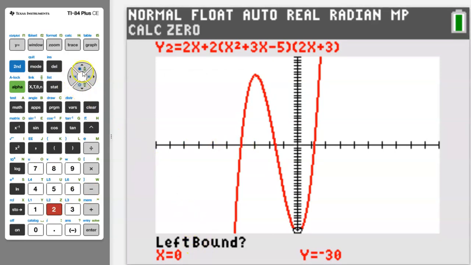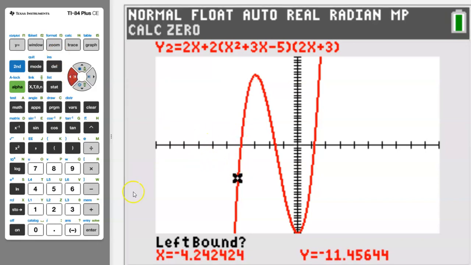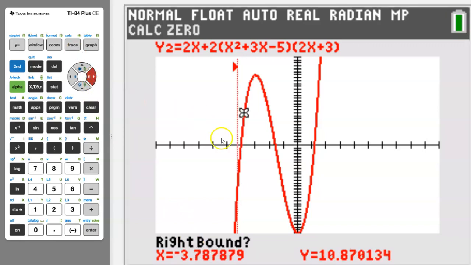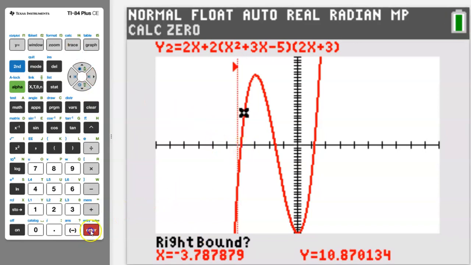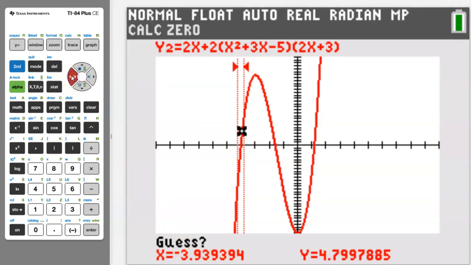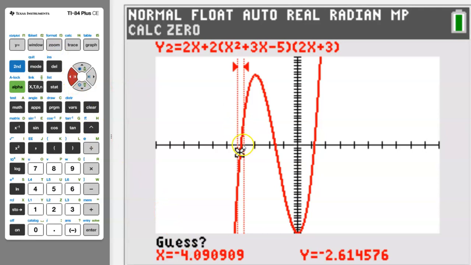It's asking for left bound, so we need to hit the left arrow key until we get somewhere to the left of this first intersection point. So anywhere over here is fine. Hit enter. Now it asks for a right bound, so hit the right arrow key until you go past that intersection point and hit enter. Now it says guess. Just move as close as you can get to the intersection point and hit enter.